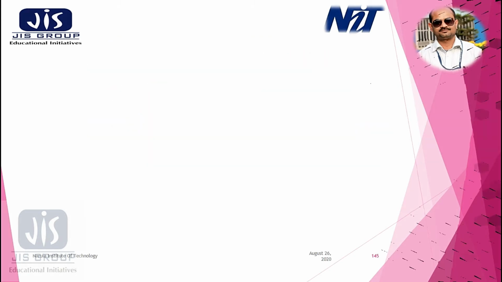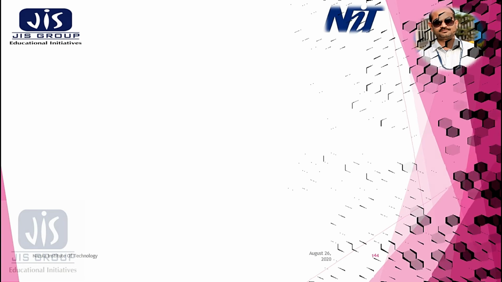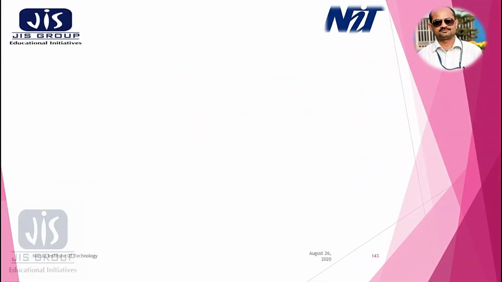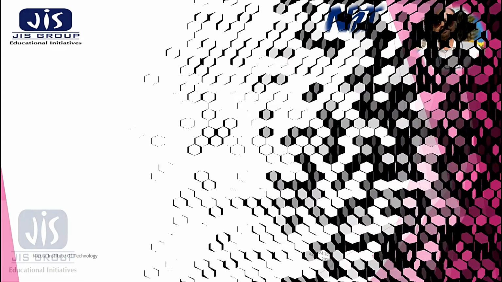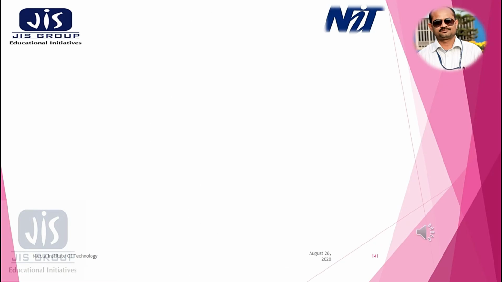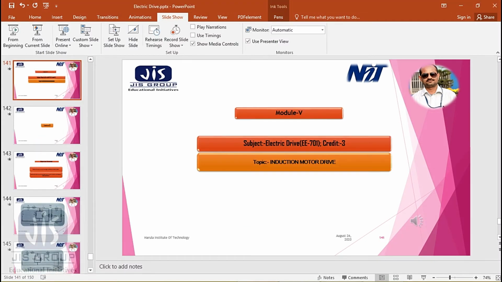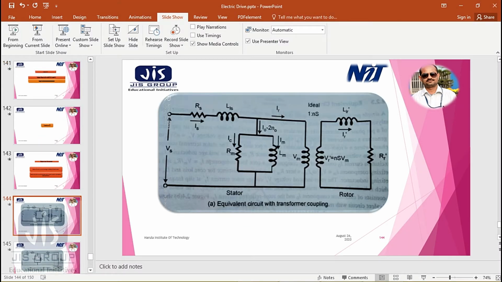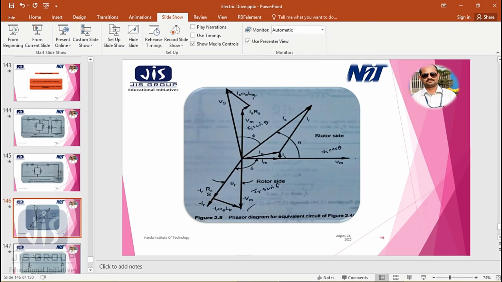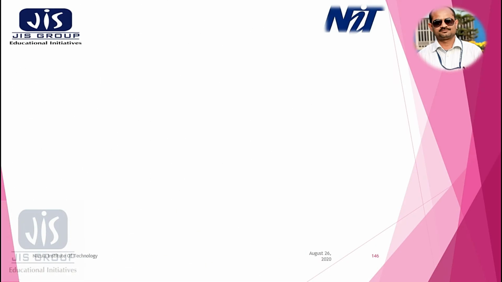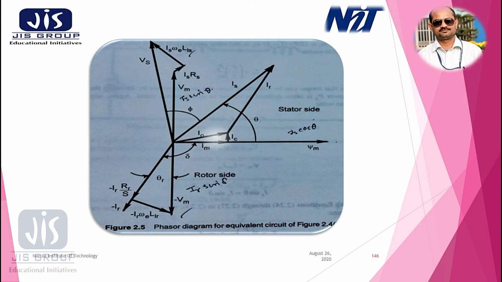So the core loss Pc equals 3 VM IC. And what is IC?